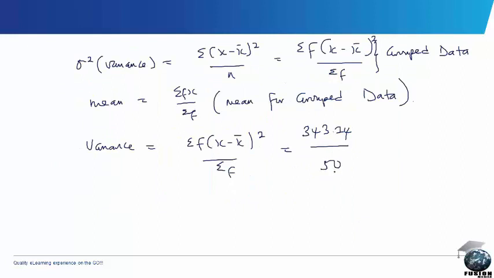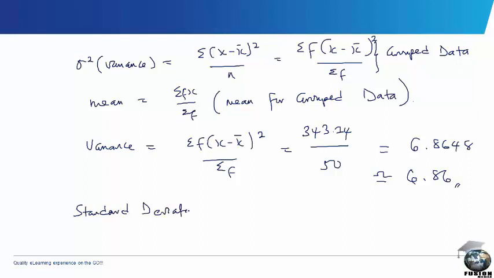Dividing by 50, we have 6.8648, which is approximately 6.86. So that is the variance of the grouped data. The standard deviation is the square root of the variance, which is the square root of summation f times (x minus x bar) all squared over n.